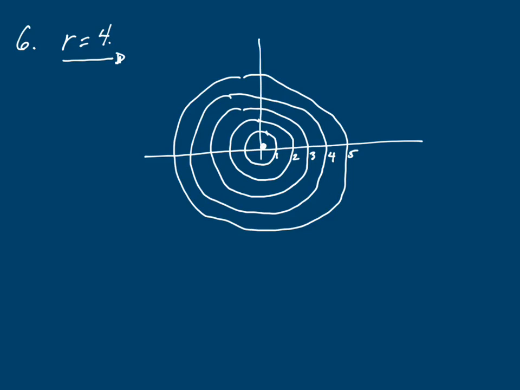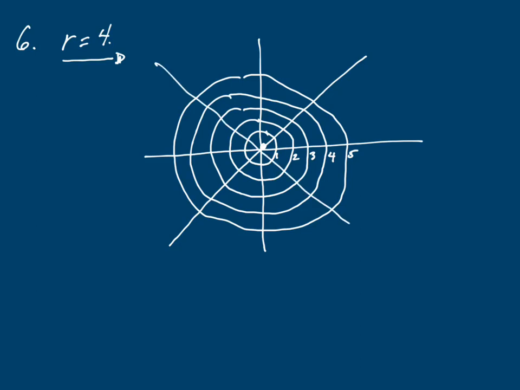Now, I want you to make sure you draw some of the angles in here. So that's your pi over 3. Go ahead and do the other pi over 3. That's your pi over 6, let's draw that a little narrower. Let's do our pi over 4s, that's easy, right through the middle.